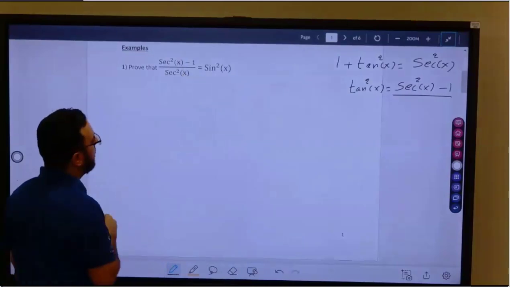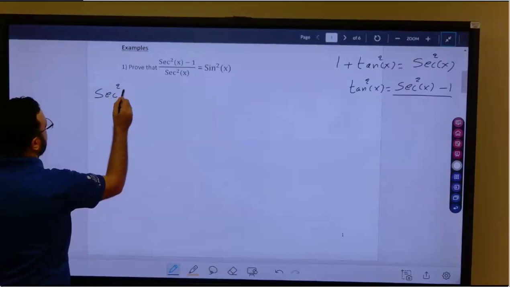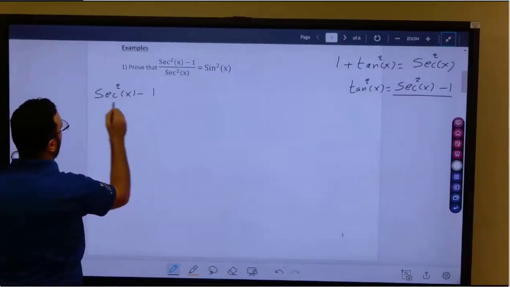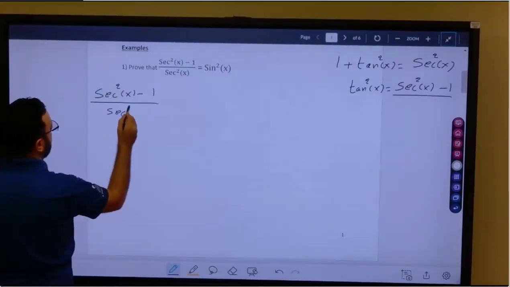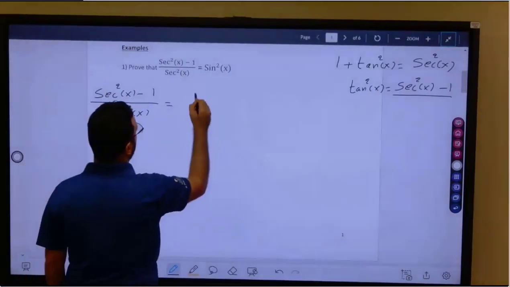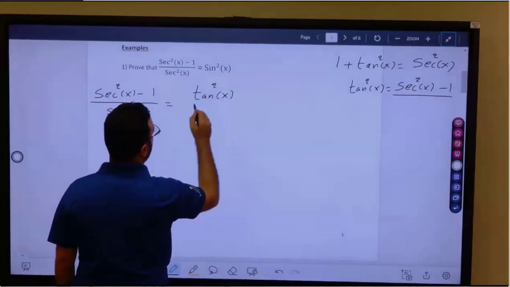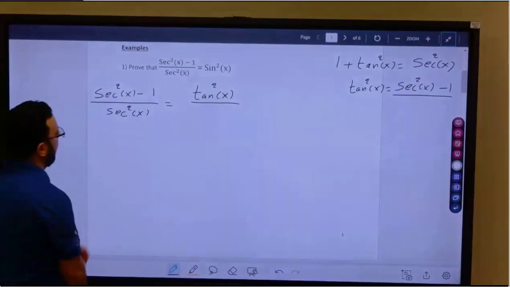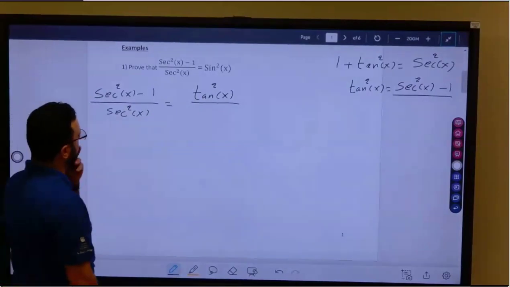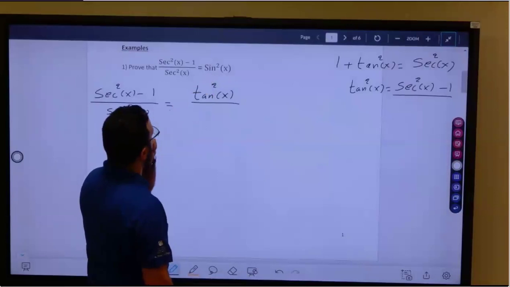That means in this case, the top part, if I write down secant squared x minus 1 over secant squared x, here is going to be tangent squared x, divided by secant squared x. Now, I have secant here, and I already know I need to get sine.